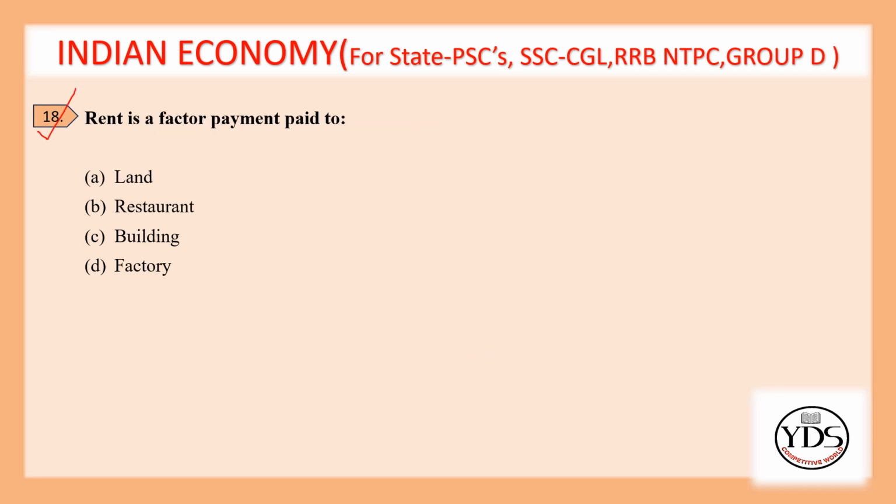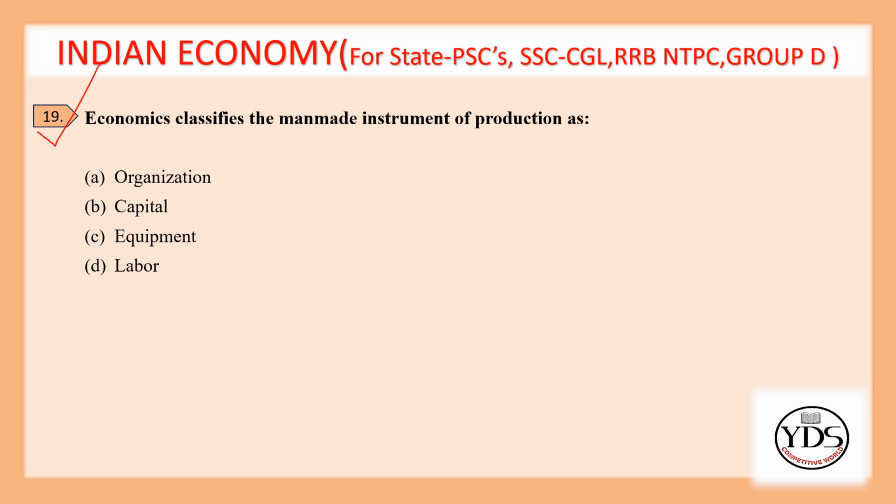18th question, rent is a factor payment paid to land, restaurant, building, factory. Option A, land is the correct answer. 19th question, economics classifies the man-made instrument of production as organization, capital, equipment, labor.